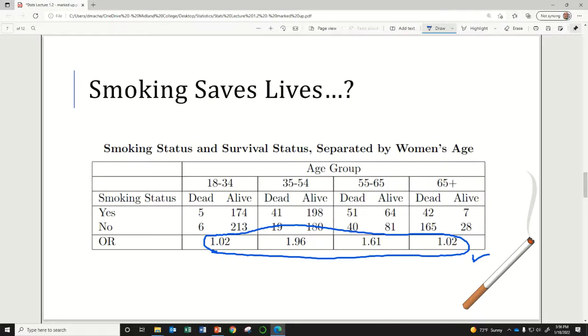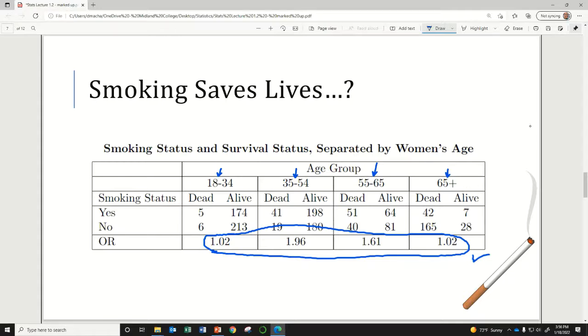On this slide here, we divide up the same data, right? So we're looking at the same people that were tracked by the study, but this time we're going to divide them up by age group. So we have an age group of 18 to 34-year-olds, an age group of 35 to 54-year-olds, an age group of 55 to 65-year-olds, and then people who are older than 65.